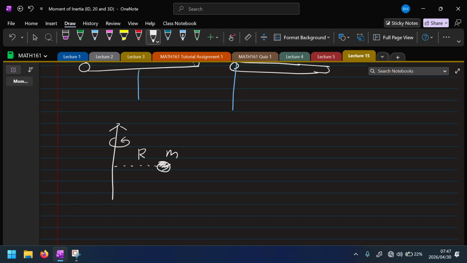The way we define the moment of inertia, or how difficult it is to make the object go around the axis, is given by the following. It depends on the radius, and it depends on the mass, how difficult it is to rotate around.